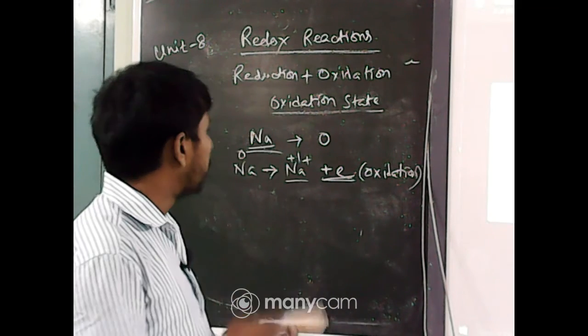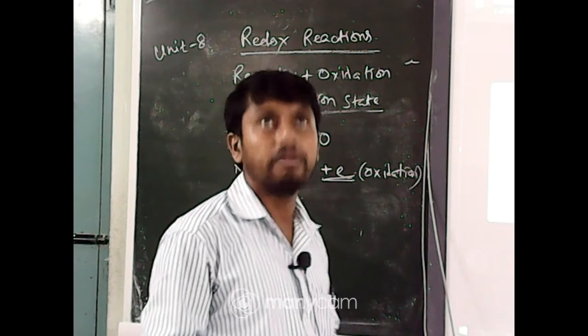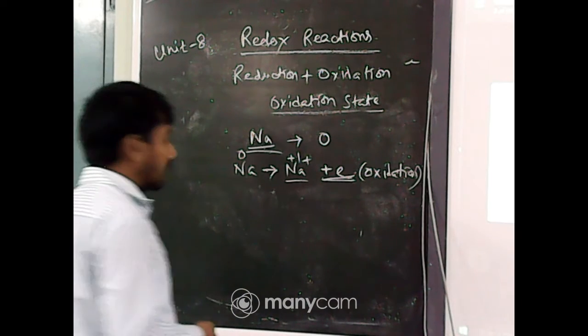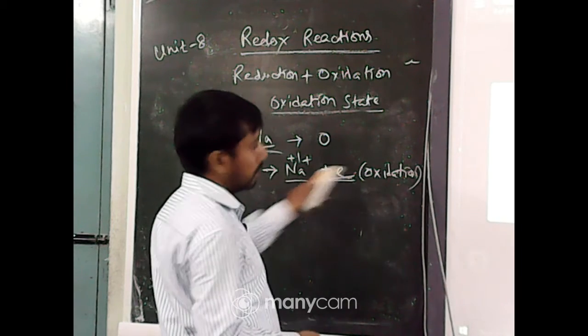At the same time we can define it by using the electronic concept, and also by using the oxidation state concept. Here the oxidation state increases from 0 to plus 1, that is oxidation.